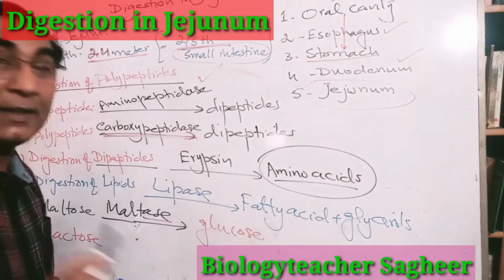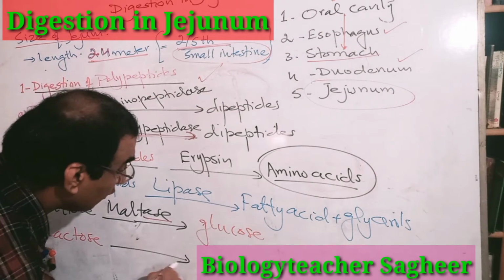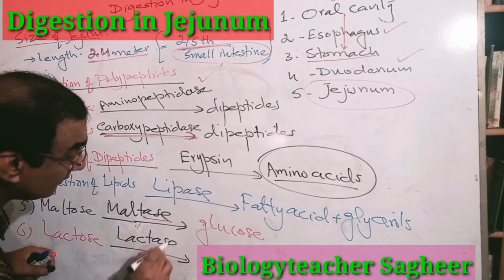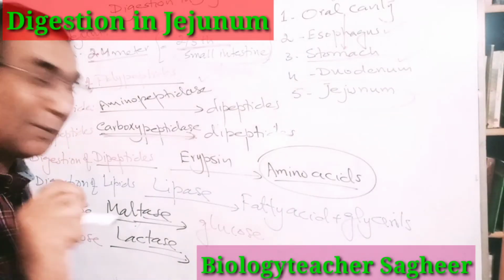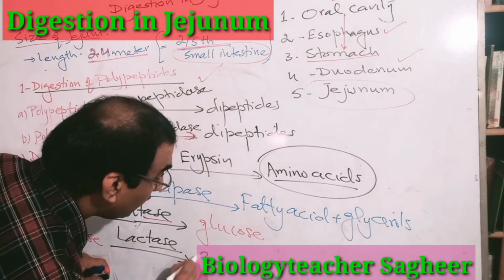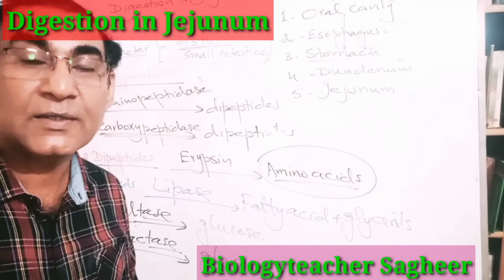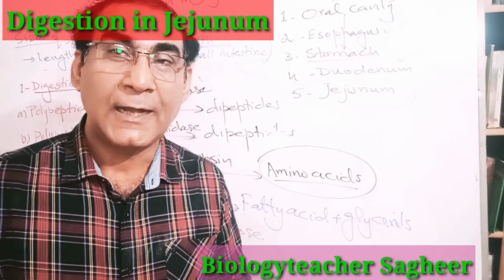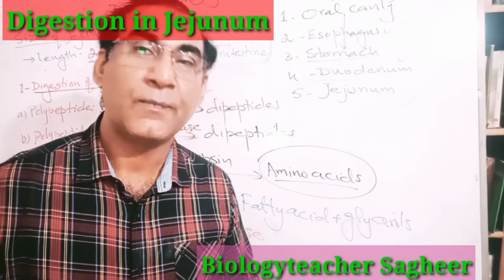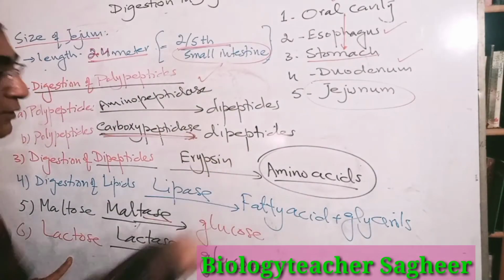And here is lactose, which is acted upon by lactase. Lactase acts upon lactose. When you studied the structure of disaccharides, I told you that glucose and galactose combine together to form lactose. So here is that lactose being digested in the jejunum.